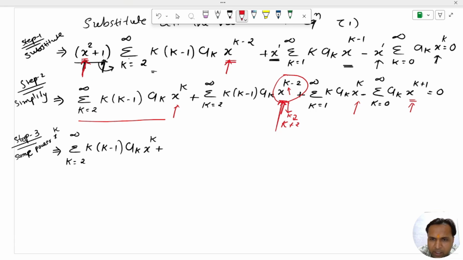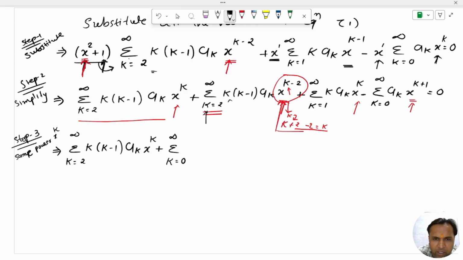So it becomes k plus 2 minus 2, which is k. That is clear. So whenever there is k, you have to take k plus 2. If I take k plus 2, then the 2 goes to the other side, so 2 minus 2 is 0. So it becomes k equal to 0 to infinity.